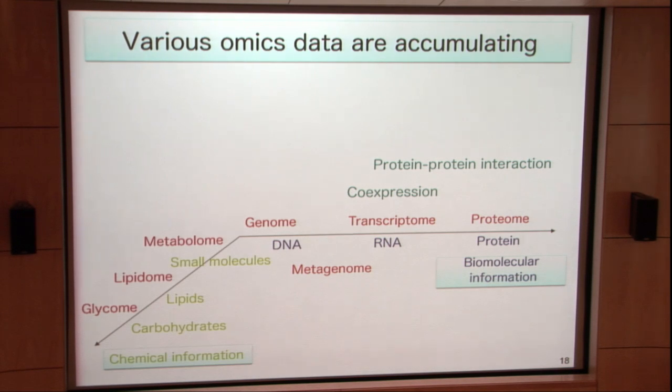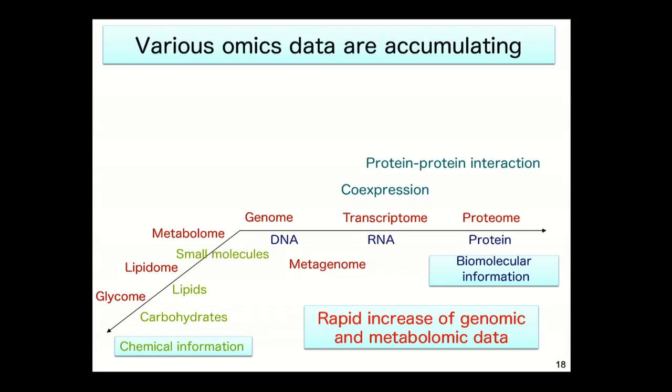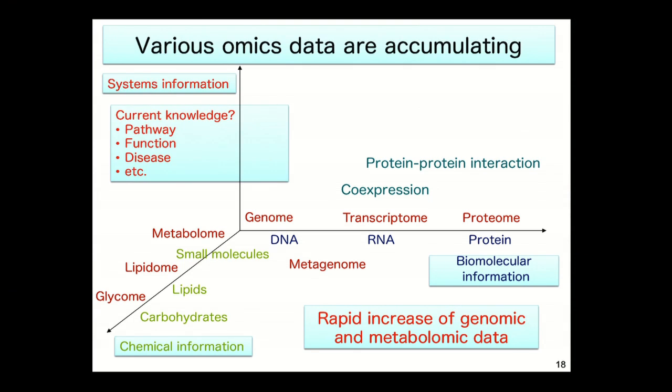And we also have chemical information in terms of omics data, such as metabolomics, lipidomics, or glycomics information. And those rapidly increasing genomic and metabolic data, we have to interpret somehow.